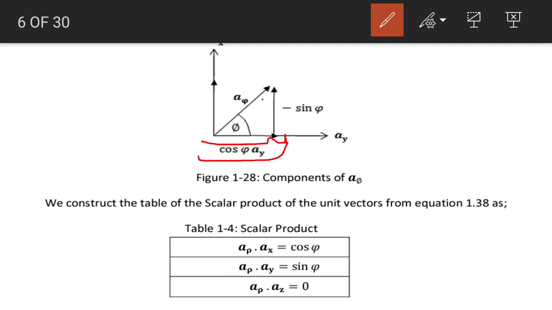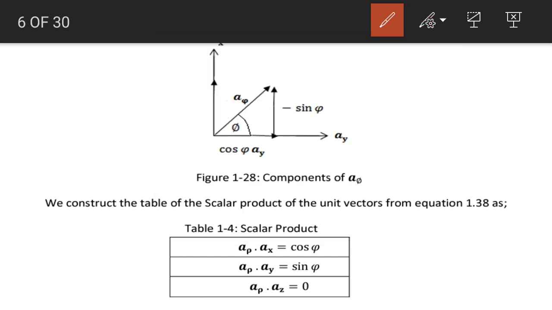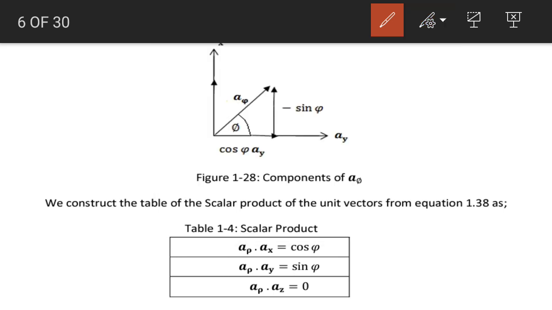And it has another component along negative x-axis, which is minus sin phi into Ax. Minus sin phi into Ax, right?